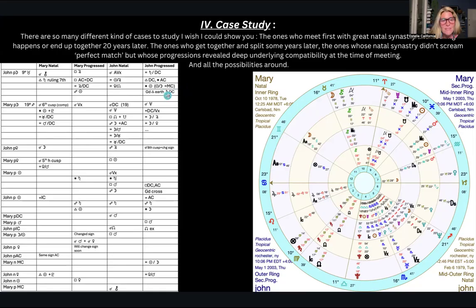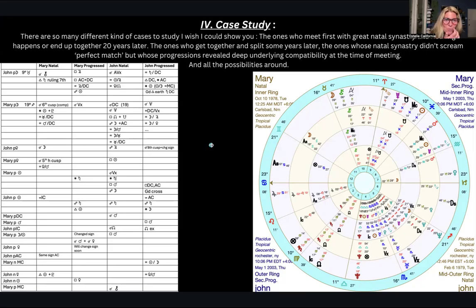Then we have, oh, that's a beautiful one. I love geometry when it's showing perfectly like a drawing. So look at that. We have his progressed Moon here, his progressed Sun here, and the midpoint Moon/Sun here is exactly, less than 1° orb, on Marissa's natal MC. Isn't that beautiful?